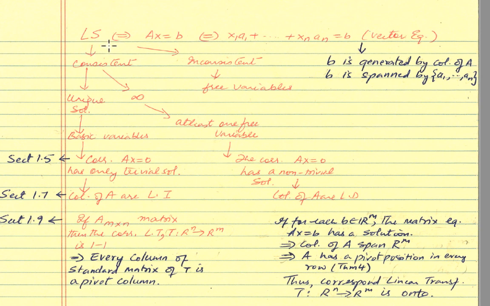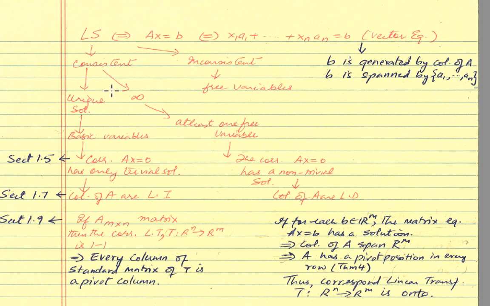Okay, so remember we started with a linear system. Every linear system can be written as a matrix equation, which can be written as a vector equation. And when it is a vector equation, it means b is generated by the columns of A, or b is spanned by the columns of A. If it's a linear system, there are 2 scenarios: either it is consistent or inconsistent.